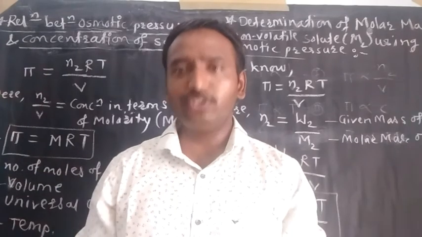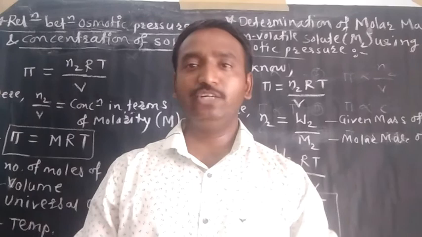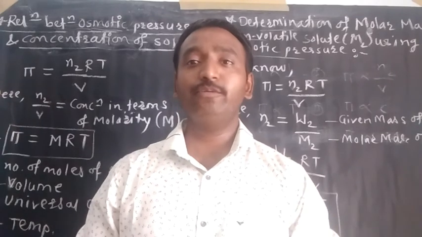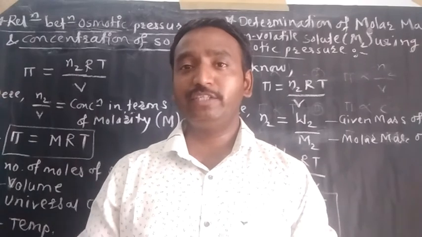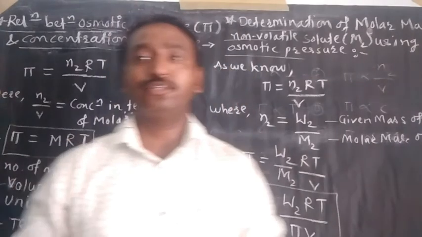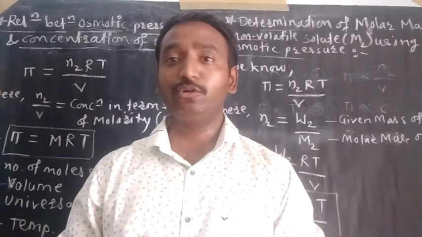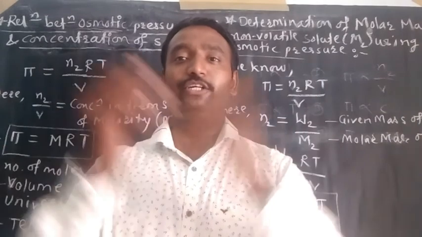Due to dissociation, there is an increase in the number of particles, and due to that there is an increase in a colligative property, because colligative property is the physical property which depends on the number of solute particles. As the number of solute particles increases, there is an increase in the colligative property.